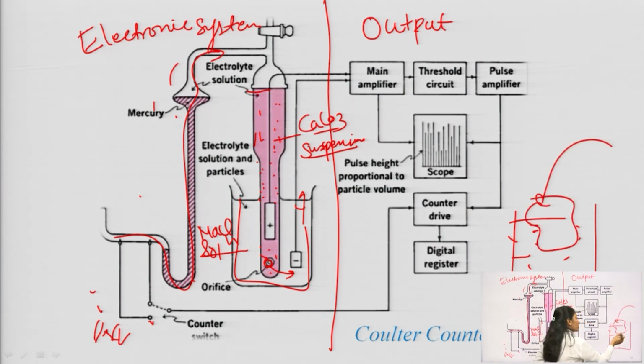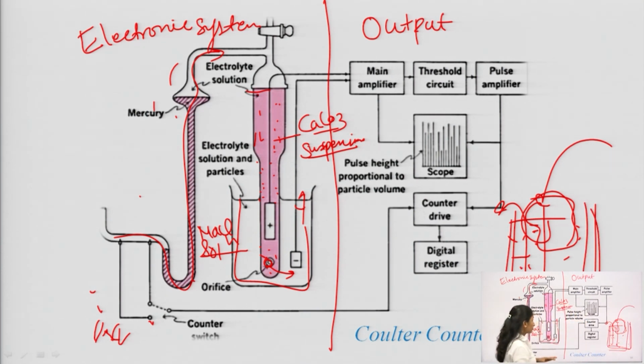Whatever the volume of this stone, that stone will spill out the water from this container. So similarly here, whatever the volume of that particle which will expel out from that orifice to this NaCl solution or the electrolytic solution, it will displace this liquid variable.